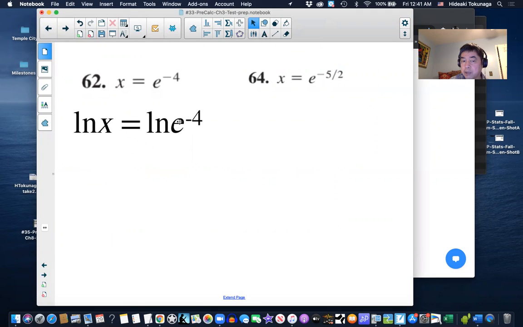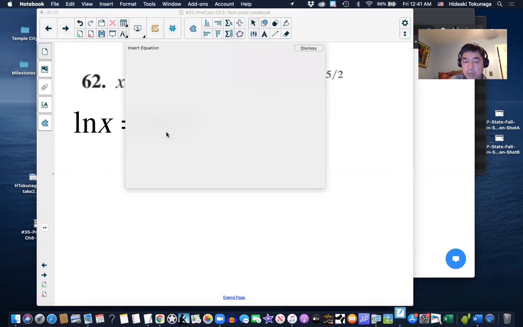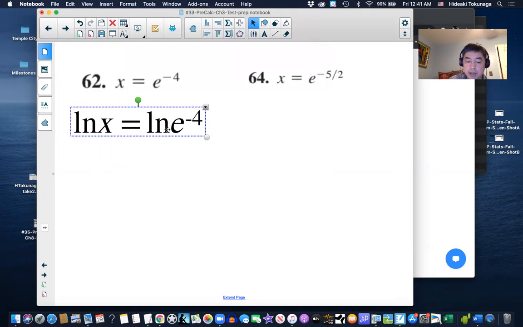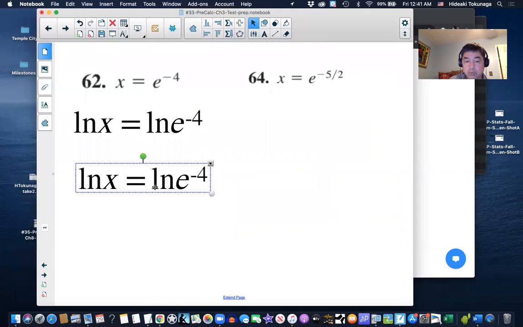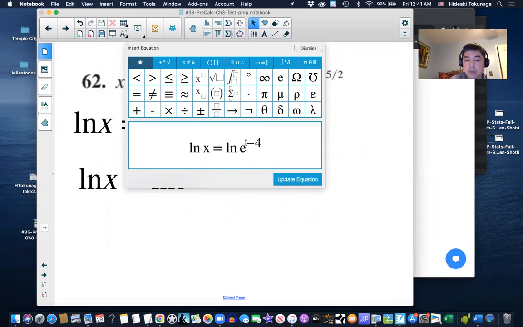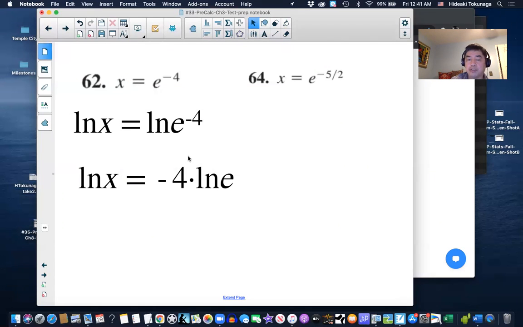However, if there's another exponent over e, you can bring it to the front. So it's going to be -4 in front, and multiply exponents. This is a rule you can put on the front.